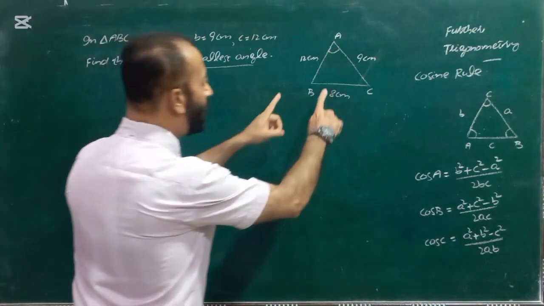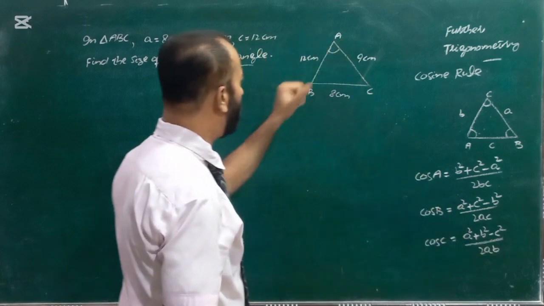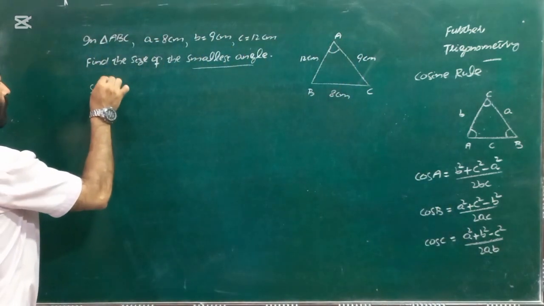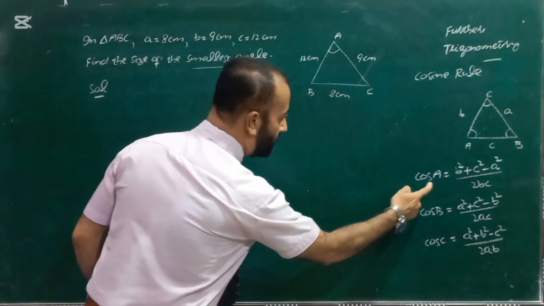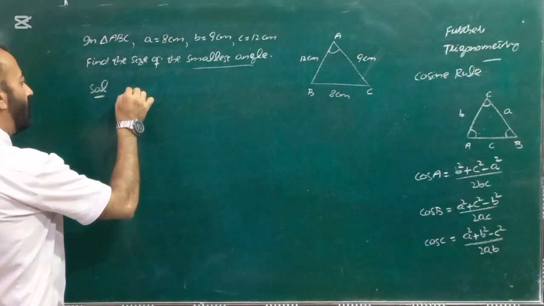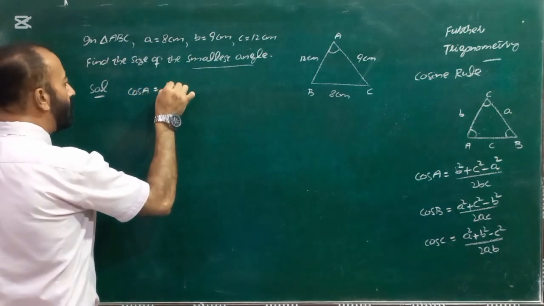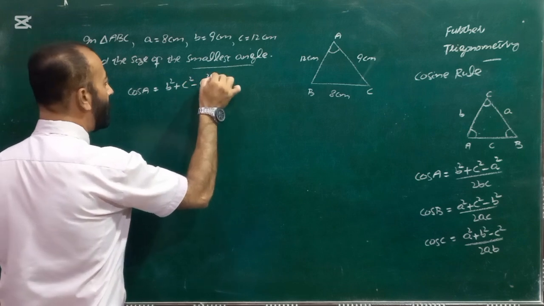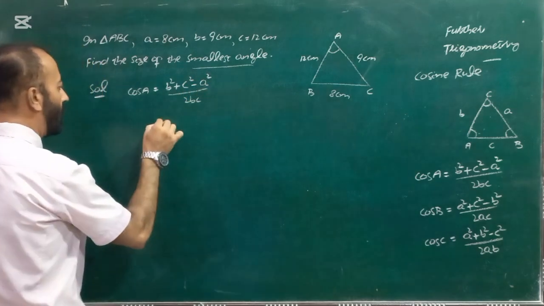So if three sides are given, the cosine rule will be applied if one angle is required. So look now, because A is required, this form of the cosine rule will be applied. So cos A is equal to b square plus c square minus a square over 2bc.